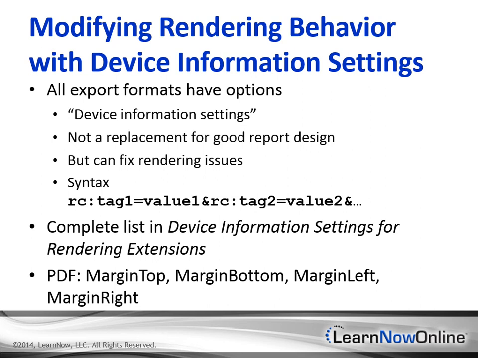For each value, you have to specify an integer or decimal value followed by the string "in" for inches, in order to specify inches. The renderer then overrides the report's setting for that margin by the value you specify in the URL for the purpose of outputting it to your selected export format. Pretty cool technique.